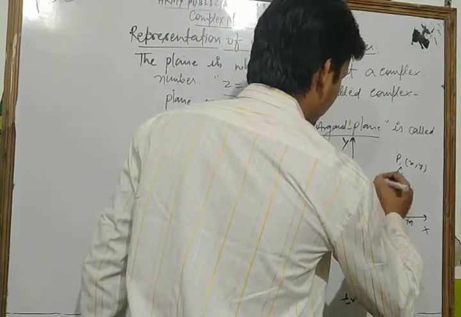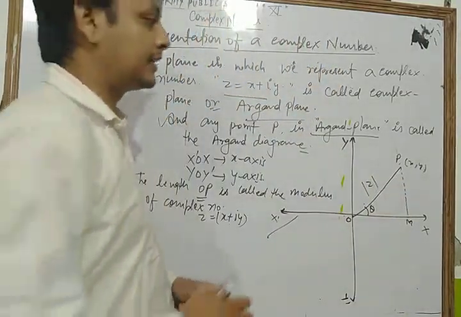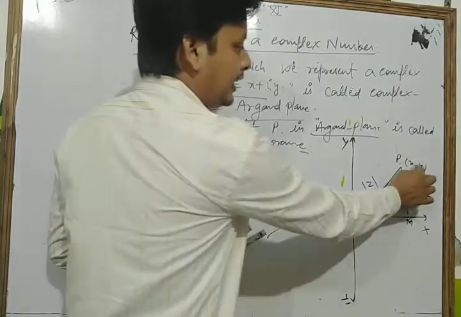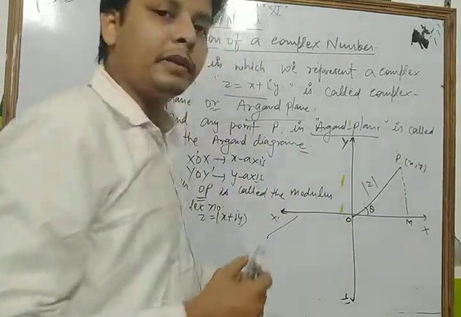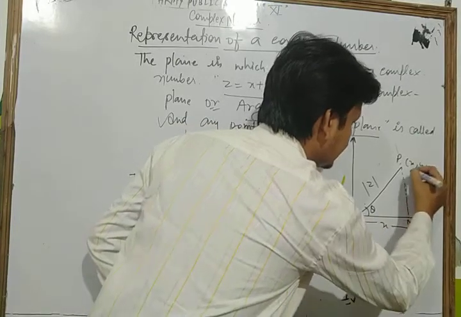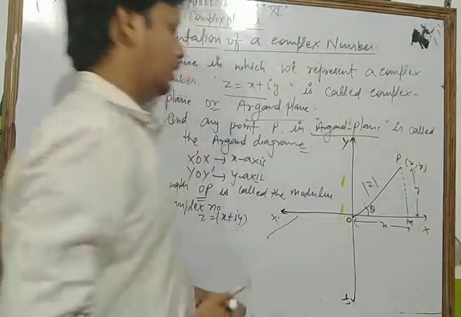If we take P as a point on the Argand plane with coordinates (x, y), then it is clear that this distance is x and this distance is y.